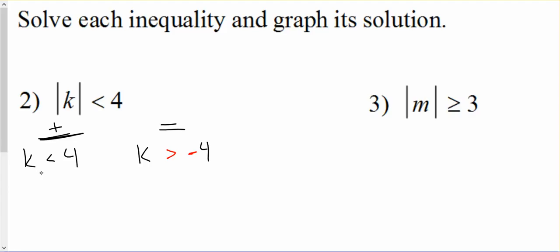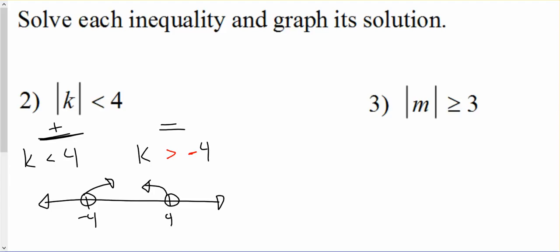So we've got all real numbers are less than 4, but also all real numbers are greater than negative 4. Well, if we think of ourselves on a number line, we've got negative 4 on our left and positive 4 on our right. We're greater than negative 4, so that would be an open circle going to the right. When we look at this side, we're less than 4, so that's an open circle going to the left.